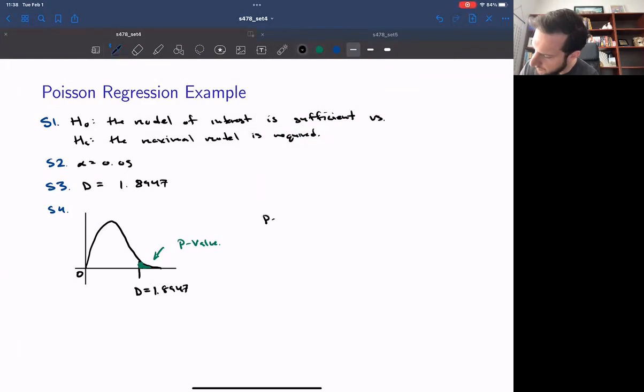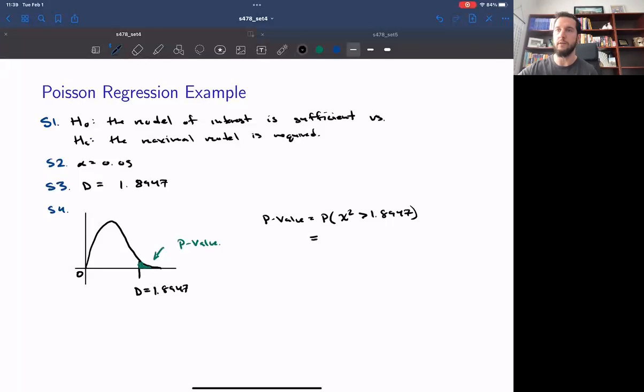So the p-value is equal to the probability that a chi-square is greater than 1.8947, because the deviance is chi-square on n minus p degrees of freedom.